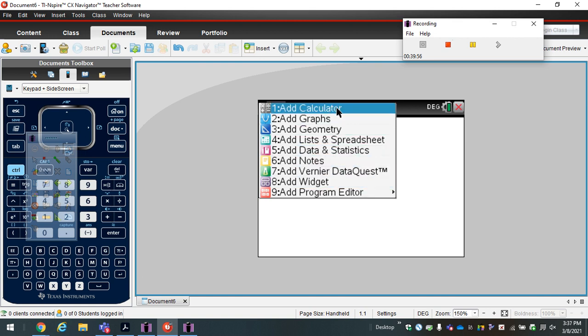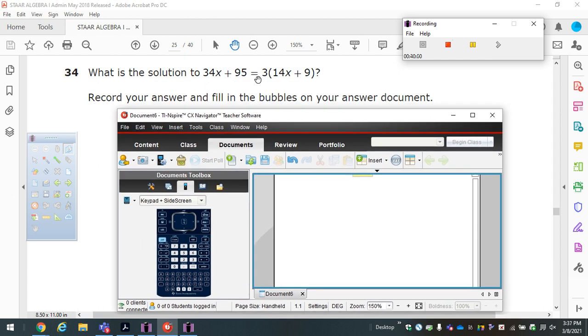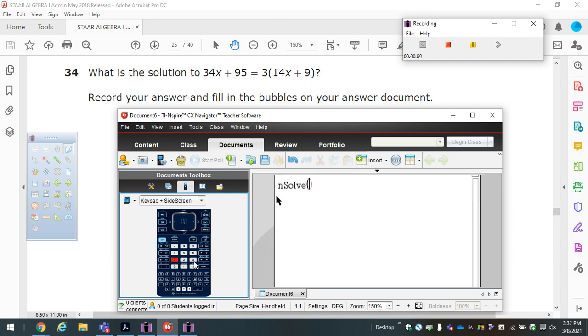Nope, right here. Calculator. This is menu 3-1. Menu 3-1 and solve it. And I'll go 30, 4x plus 95 equals 3 times 14x plus 9.